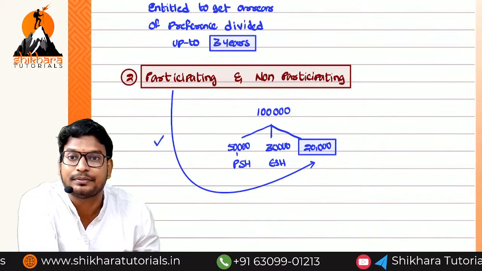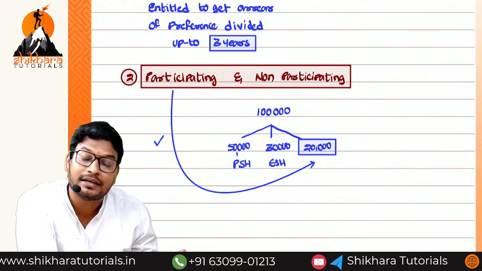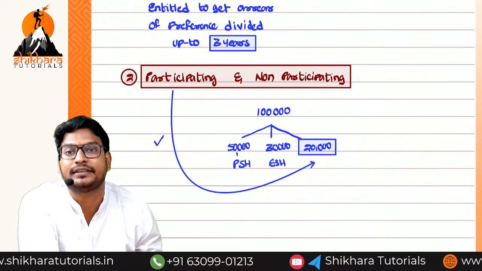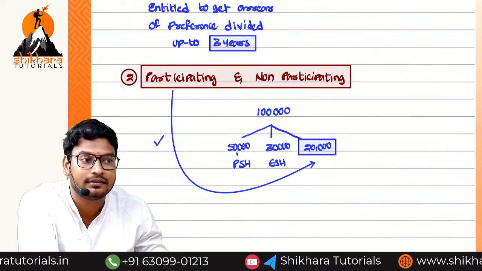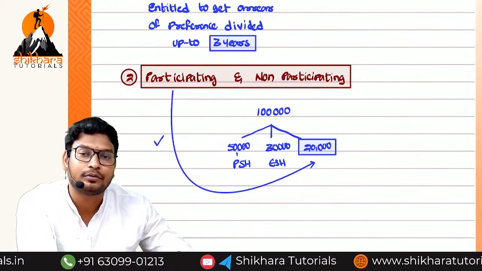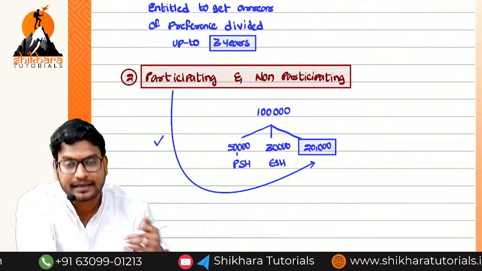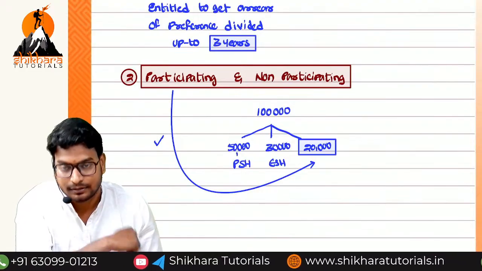It is not participating in the company's decisions. Who can make the company decisions? Directors. Who has the right of approval? Equity shareholders, because they have the voting rights. Here participating means having the right to participate in surplus profits.